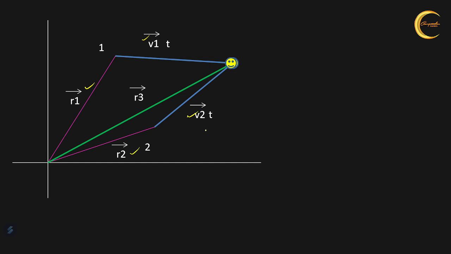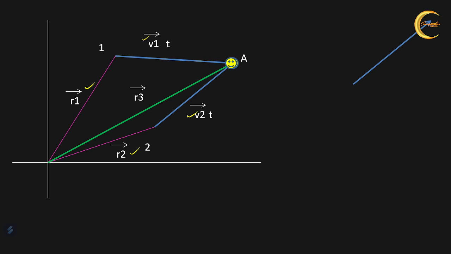After time t, these two points collide at point A. Now we have to find how these four vectors v1, v2, r1, r2 are interrelated for collision.